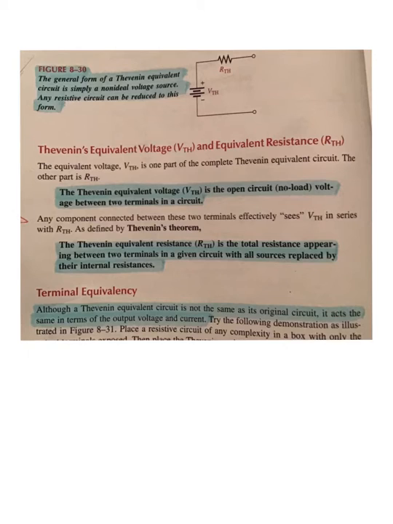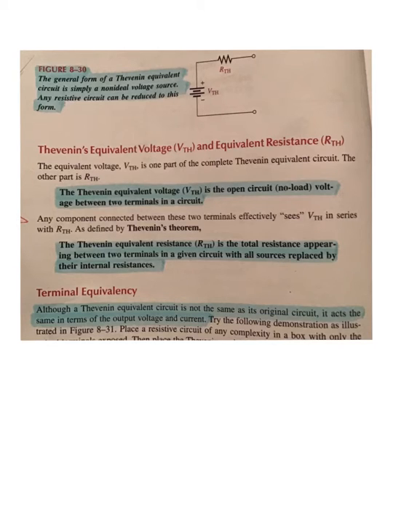From earlier material in Chapter 8, you learned that a battery is a dead short, theoretically, and we will be using that to our advantage. And we learned that a current source is an open circuit, in other words, infinite resistance, and we will use that to our advantage as well when we are solving these circuits for Thevenin voltages and Thevenin resistance.